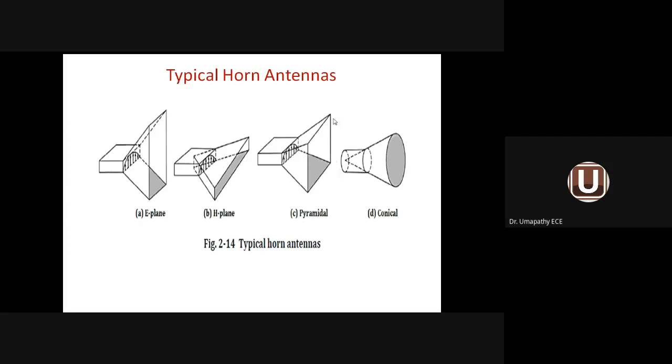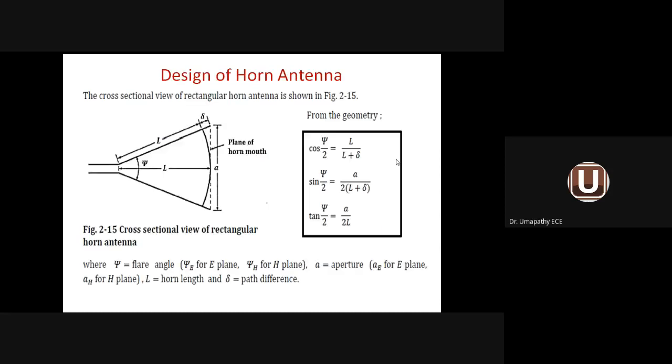We are having a perfect square opening at the mouth. That is why it is called a pyramidal horn antenna. Remember, the first three have been derived from a rectangular waveguide. The fourth one is from a circular waveguide. Since we are using a circular waveguide and doing flaring here, we are able to get a conical shape. So this antenna is called a conical horn antenna.